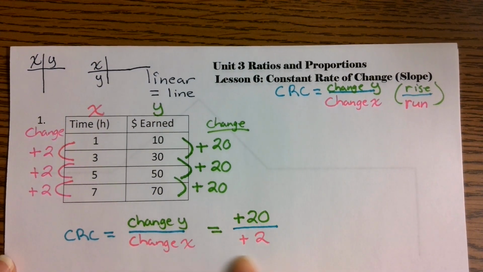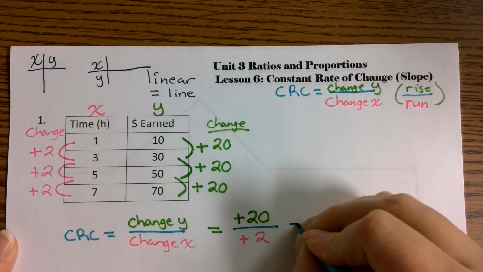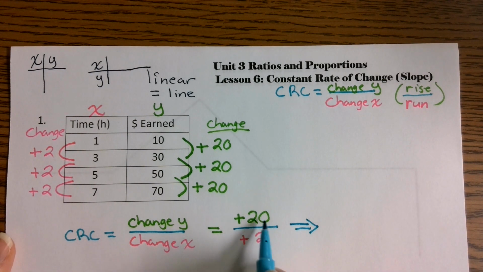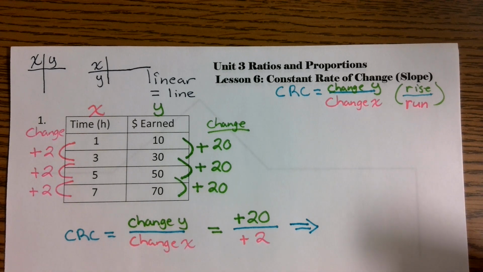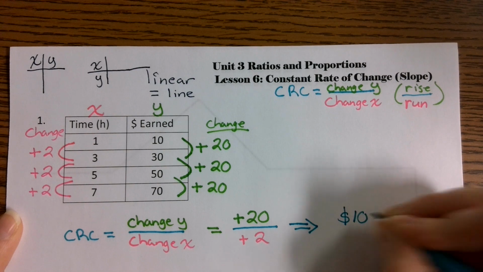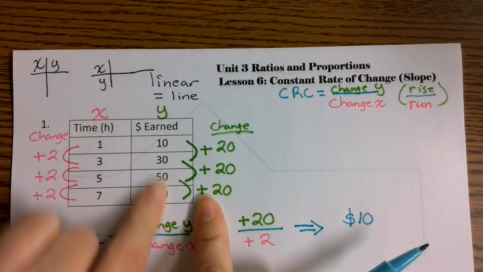But is this simplified? No, they both can be simplified. They both could be divided by 2. And you can always plug it into your calculator, put 20 over 2, and you're going to get 10. So what this means is our constant rate of change is $10, right? Because the change of y represents the 10.